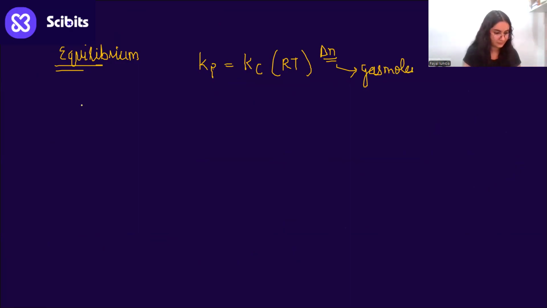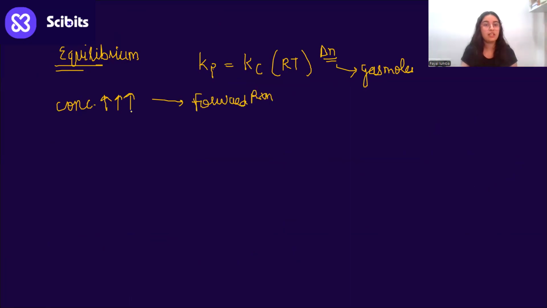Okay. So if we increase the concentration of reactants, then the forward reaction will increase. If we increase the concentration of products, then the backward reaction will increase.